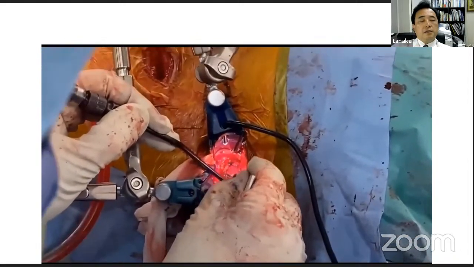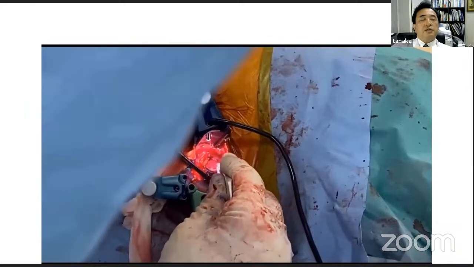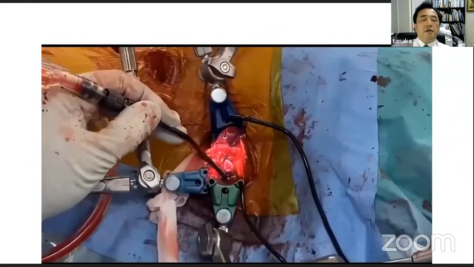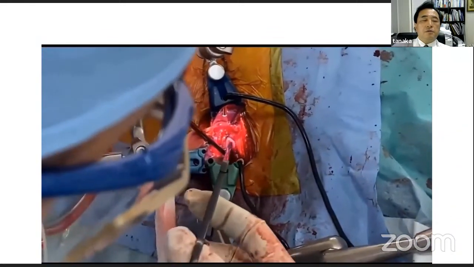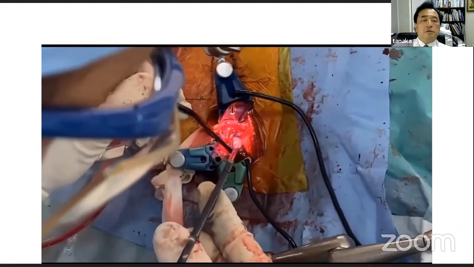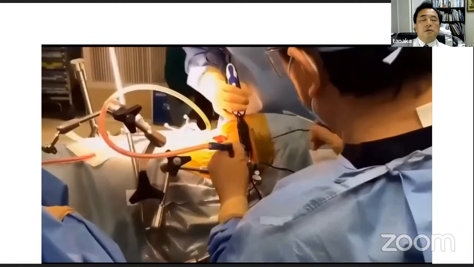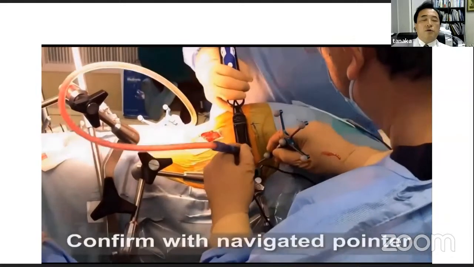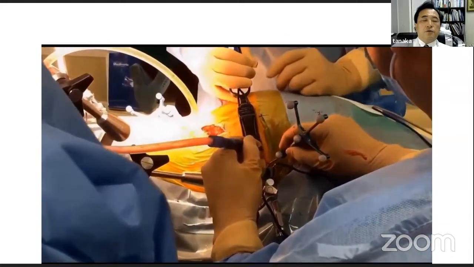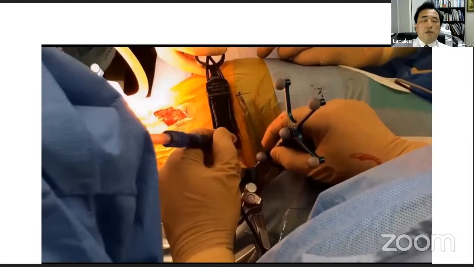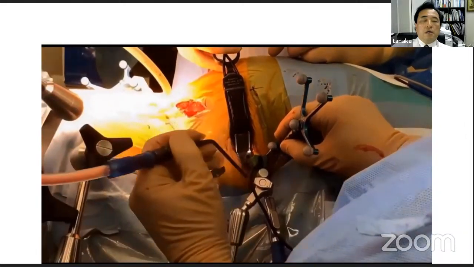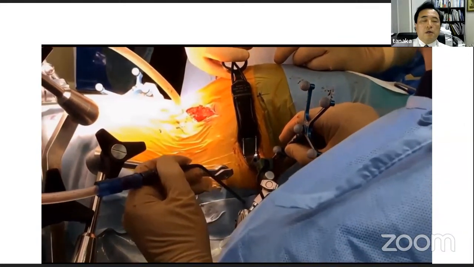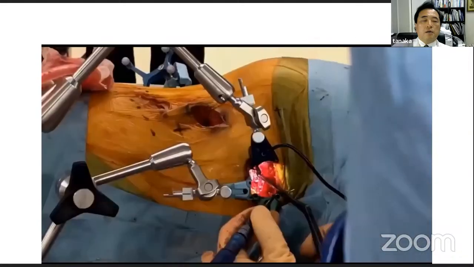Remove the disc with exactly the same technique as ALIF, but in the lateral position. Now I am confirming the location with a navigated probe. This is the image.